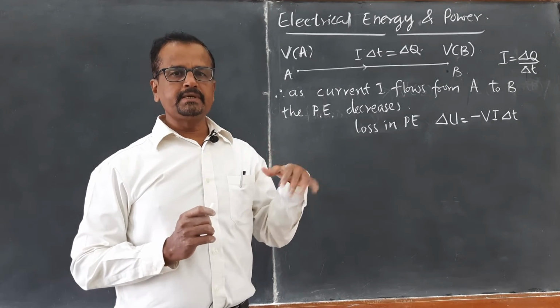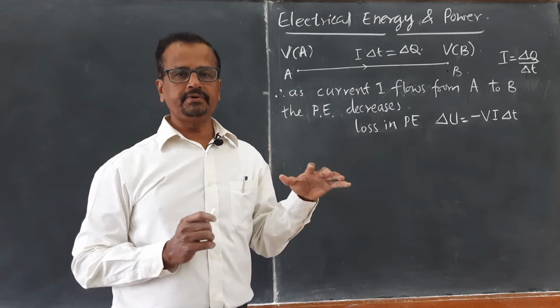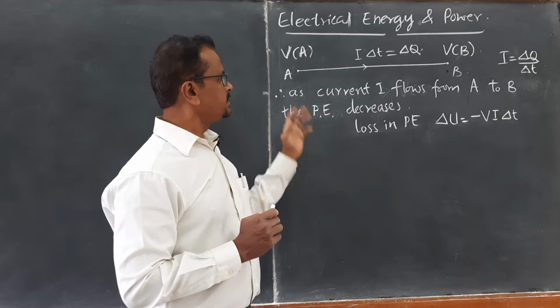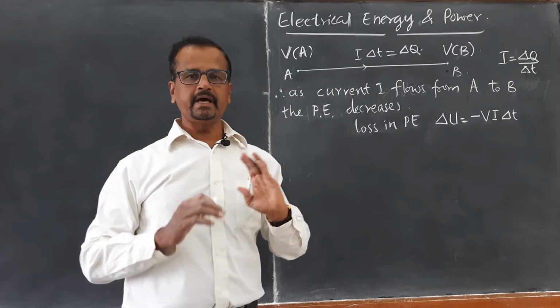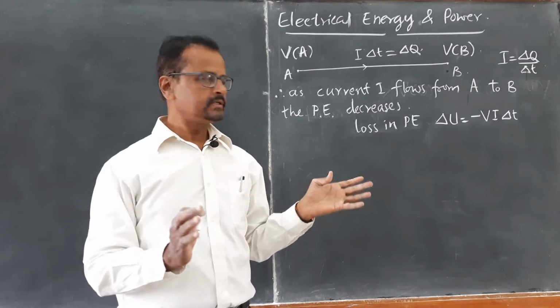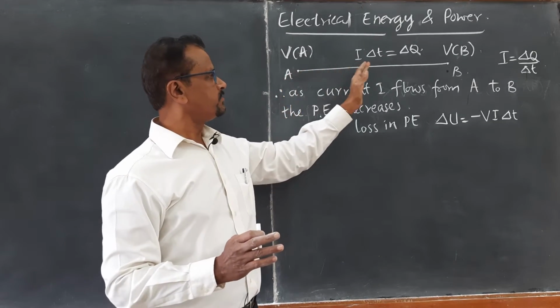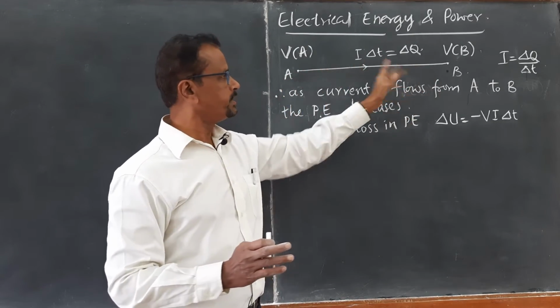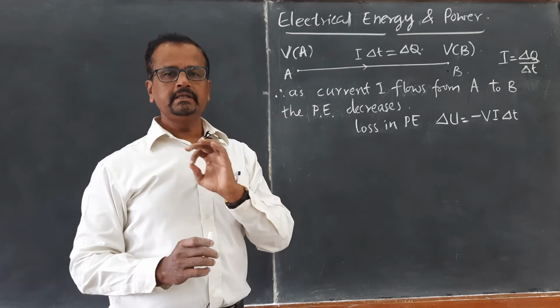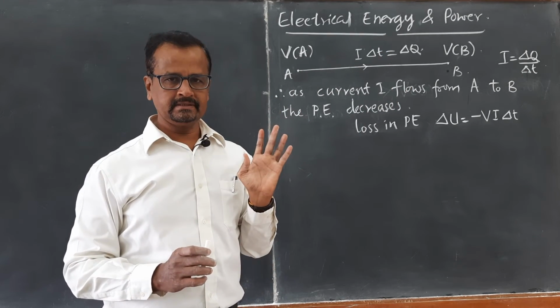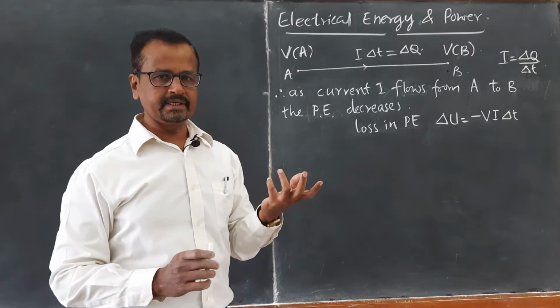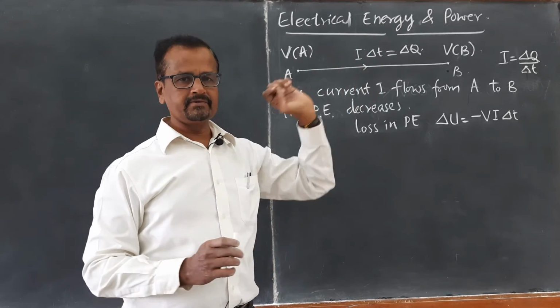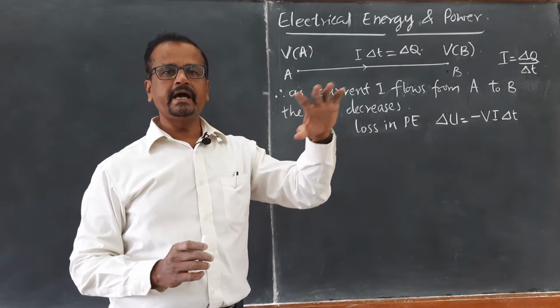The loss of energy must be appearing in another form of energy. So, think that the conductor does not have any resistance. It means when the charges are flowing from A to B along the length of the conductor, there are no collisions taking place. When there are no collisions taking place, because of the applied electric field, the charges accelerate.